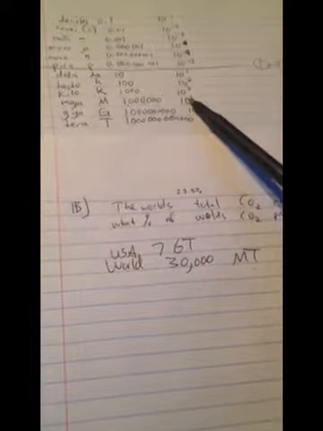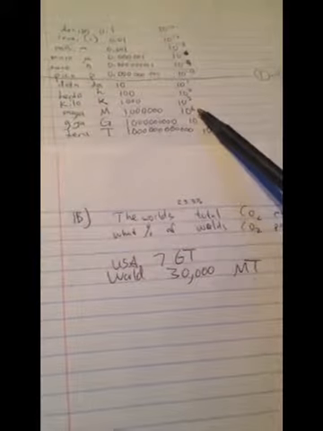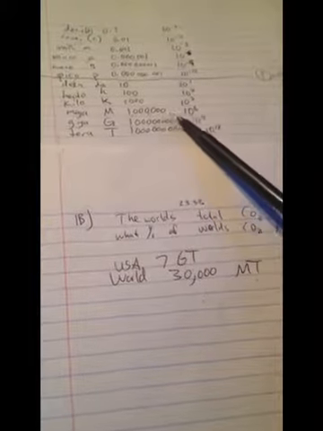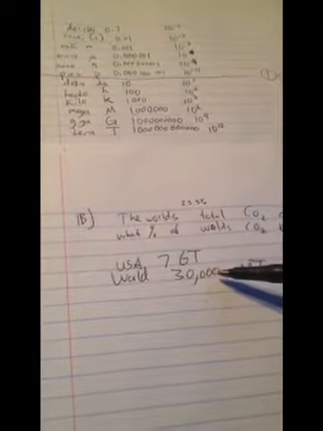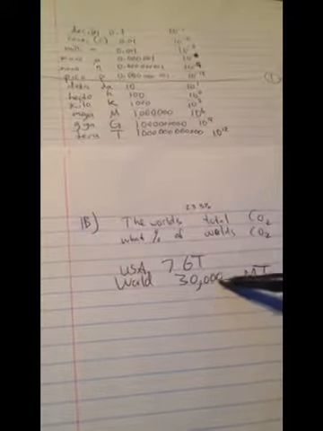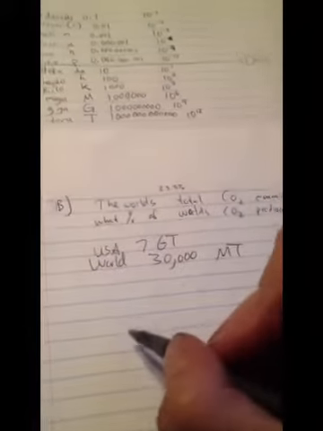That means a megaton has 3 zeros less than a gigaton. So if we want to get to gigatons, we have to divide off by 3 of these zeros. So it would be 30 gigatons.